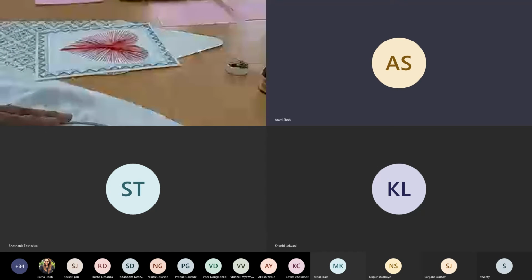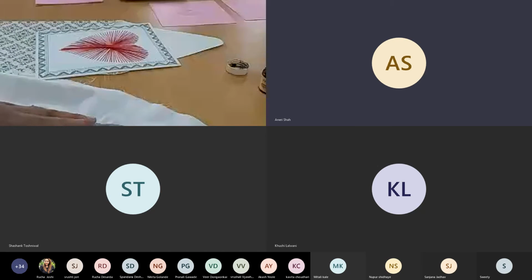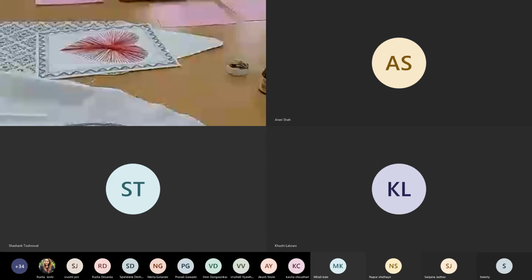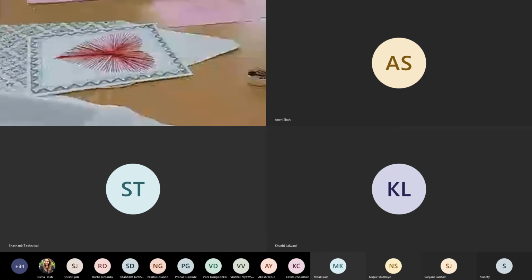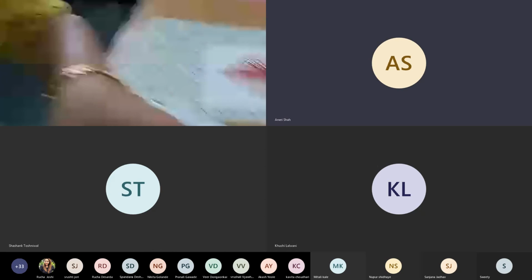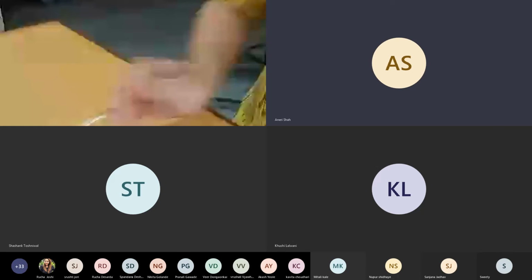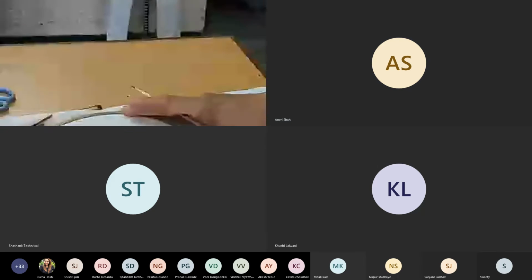Ma'am, can you move your work to the left side because I cannot see it. Okay, 1 minute. Give me a minute. Is it still not visible? No, ma'am, still not because you're taking in right only. Okay, what about now?